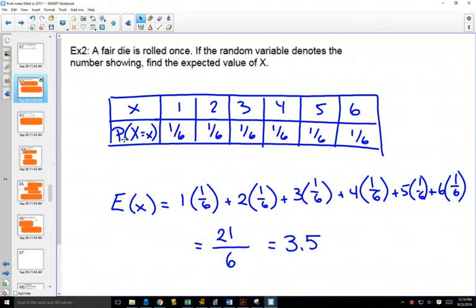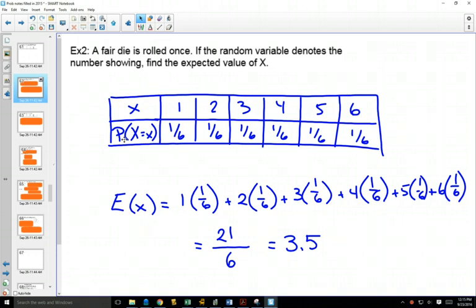Now you could also think about this one theoretically, without using the formula, and say, well, theoretically, if I roll a die 6 times, and in theory I get each number once, then I'll get the numbers 1 plus 2 plus 3 plus 4 plus 5 plus 6. I'll get all the numbers once in 6 tries.